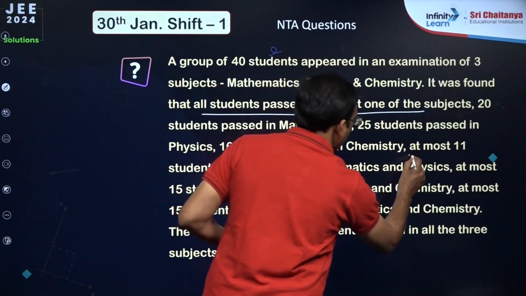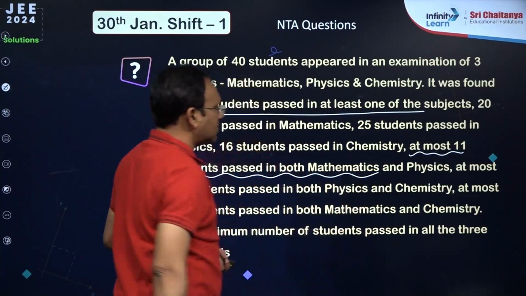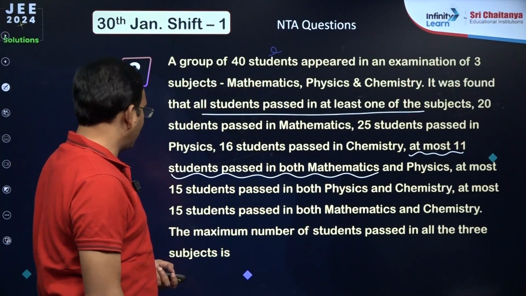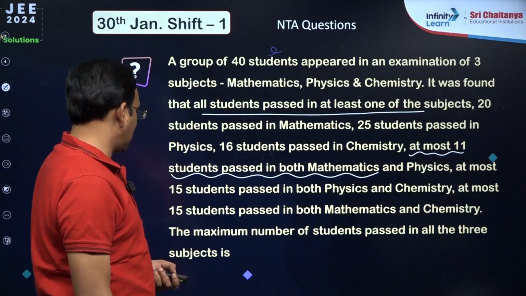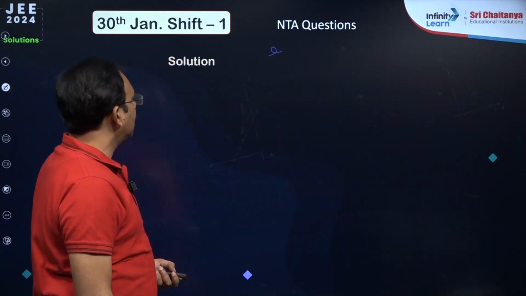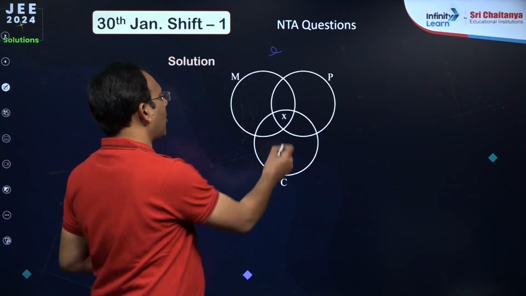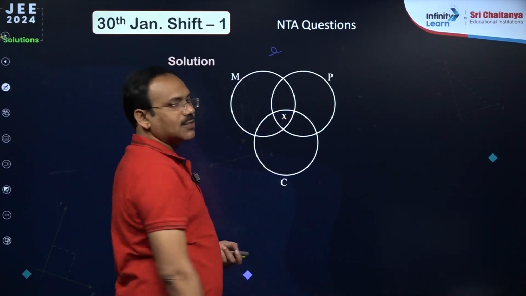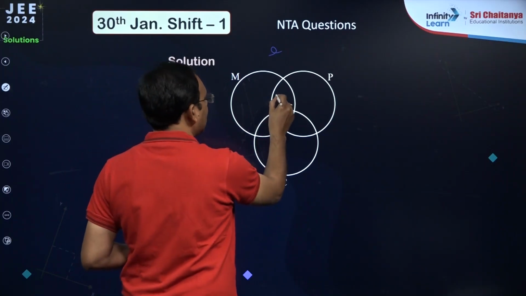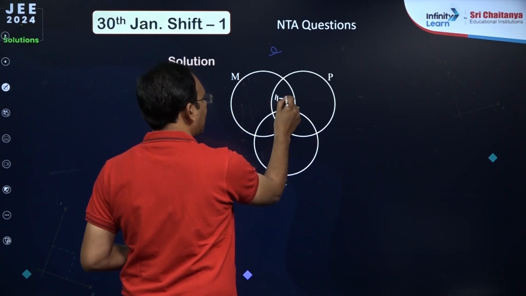This phrase, at most 11 students passed in both math and physics. At most 15 passed in physics and chemistry. At most 15 passed in both math and chemistry. The maximum number of students passed in all the 3 subjects. You see, dear students, here if you take the Venn diagram, suppose all the 3 subject passed students will be x. Suppose math is at most 11, here I can write 11 minus x.